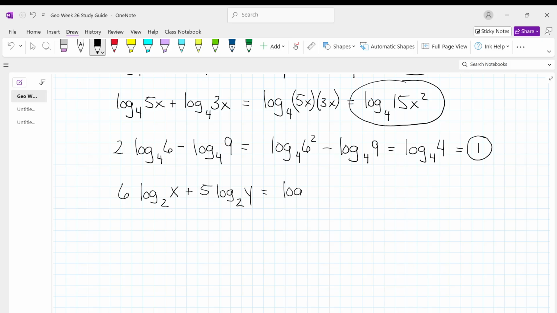So that would be log 2 of x to the 6th plus log 2 of y to the 5th. And now since we're adding, we could apply the product property. So we have log 2 of x to the 6th, y to the 5th as a single log.